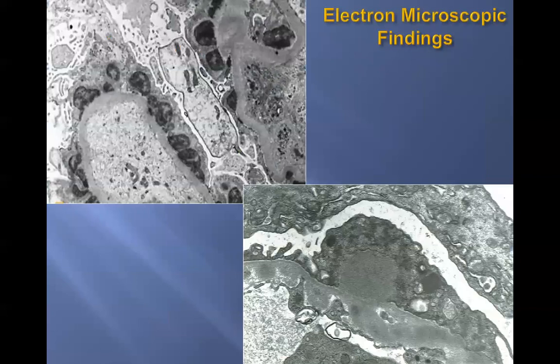Now, electron microscopy: these are the humps. This is the epithelial cell and this is the basement membrane, so it is a subepithelial hump. This is a high power view of one hump, right? These are basically immune complex deposits on the epithelial surface. Subepithelial hump. Clear? What is the capillary?